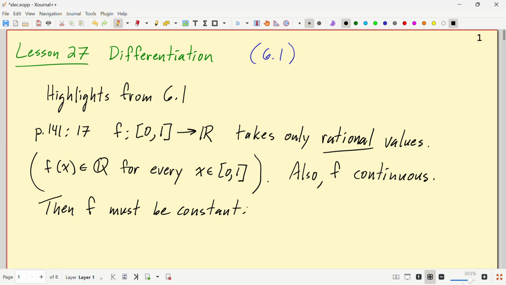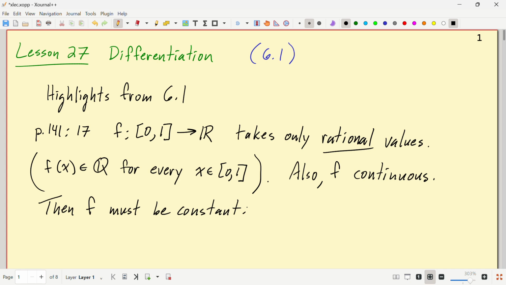What tools come to mind when you think about that problem? Intermediate value theorem is a big one. So let's say f took two different rational values, then it would have to assume every value between those rational numbers. And what happens in there? Yeah, that's the density.